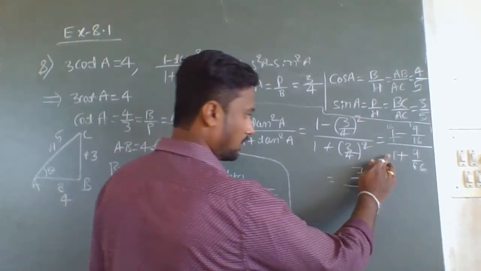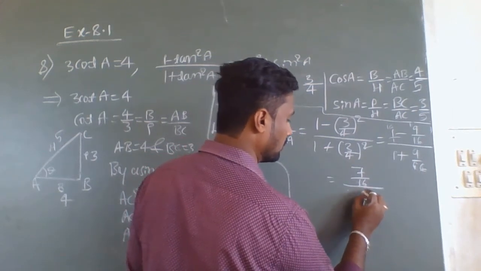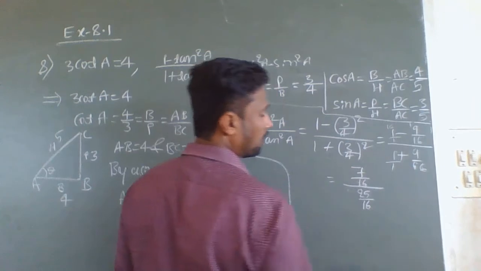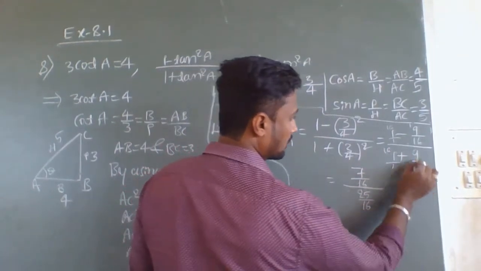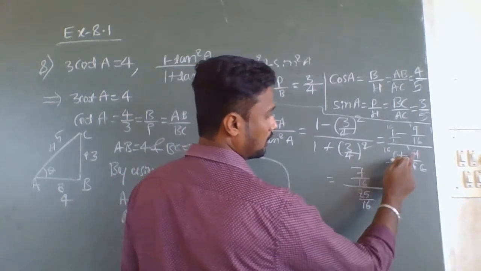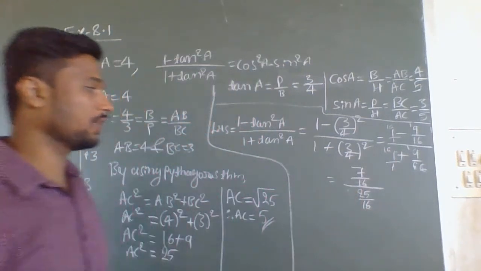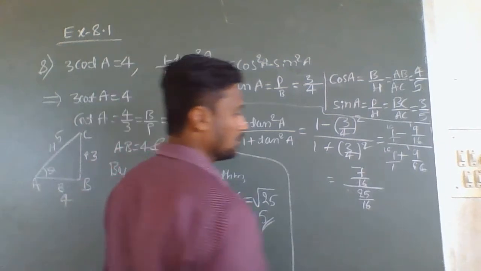So you will get 16 plus 9. 16 plus 9 means you will get 25. Here you can check: 1 into 16 gives 16, and 9 into 1, 9, so 16 plus 9 gives 25 by 16.